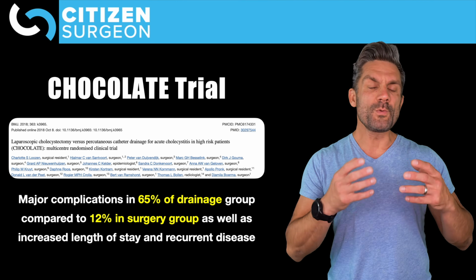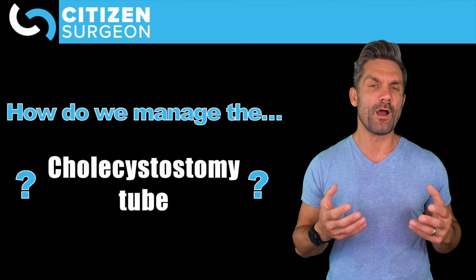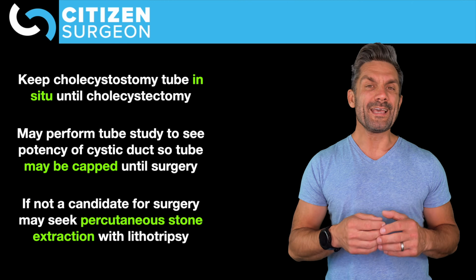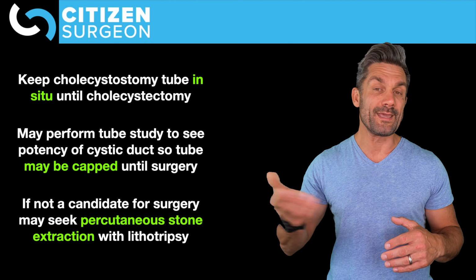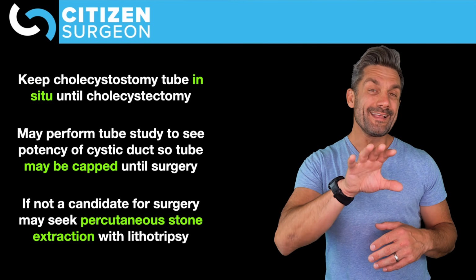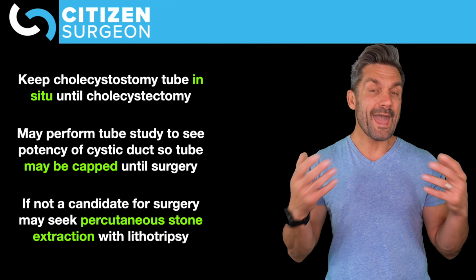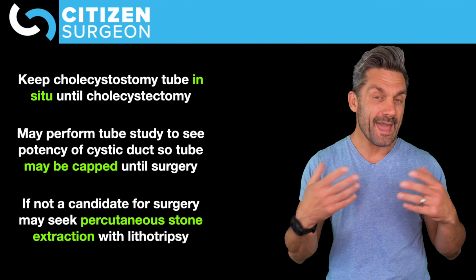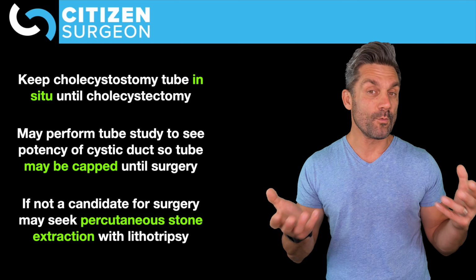Once we have this cholecystostomy tube in place, what are our options? Number one, we can keep that tube until our interval cholecystectomy in 6 to 8 weeks. We're going to talk about all that timing in just a couple of minutes. We can cap the tube until we use it, and we're going to talk about when you might want to do that.